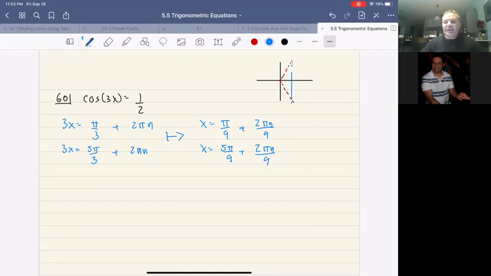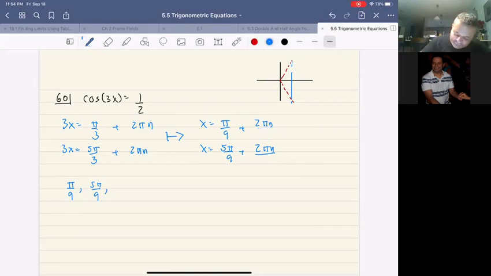Now we're going to take our different values. Our first value is pi over 9. Our second value is 5 pi over 9. Third value, there's my mistake. That should have been divided by 3.